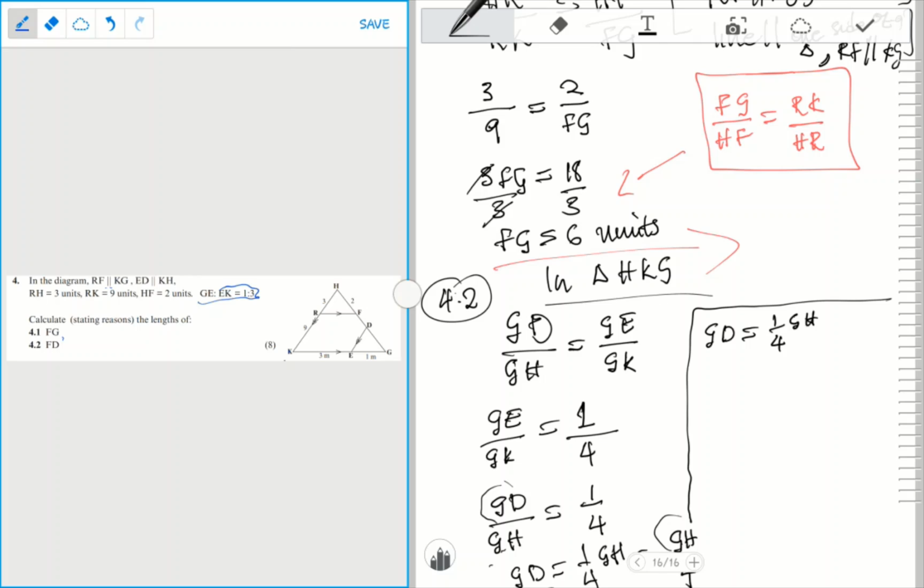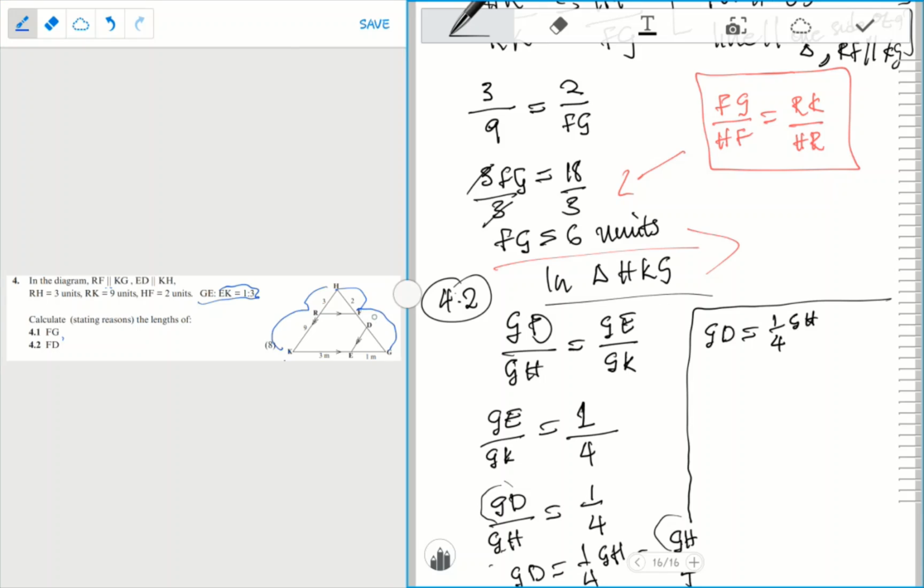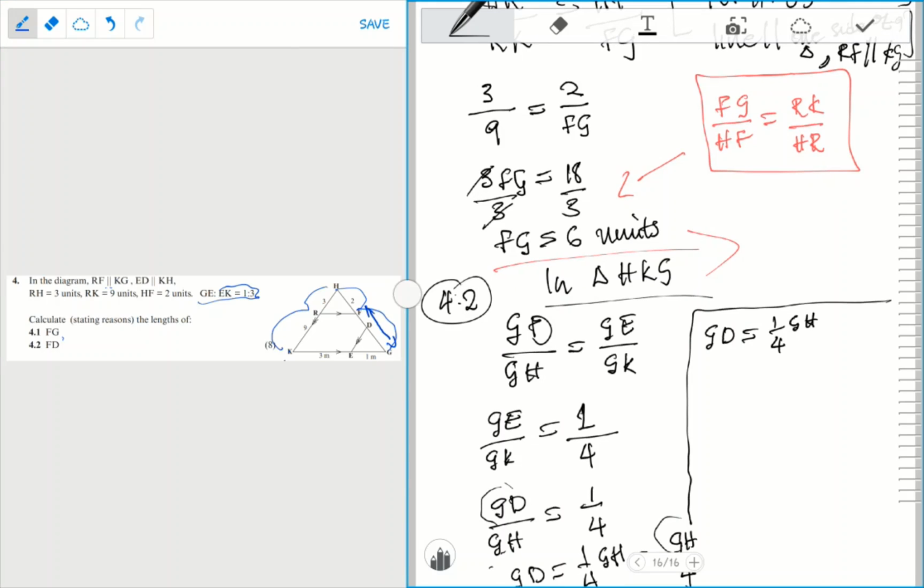Okay, so now we can get, using what we used before, we got the distance from F to G, and we got that it was 6.